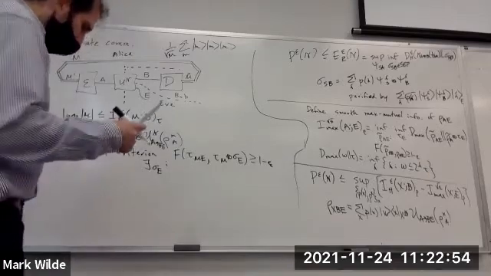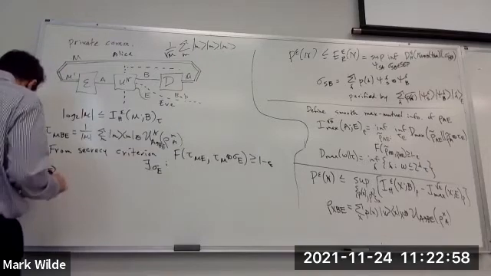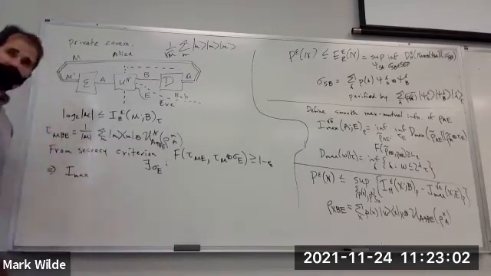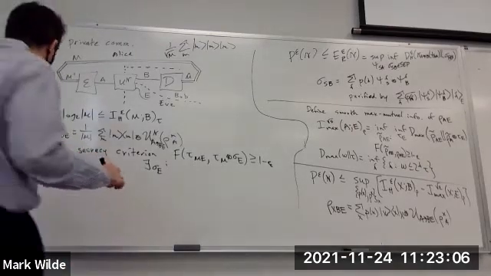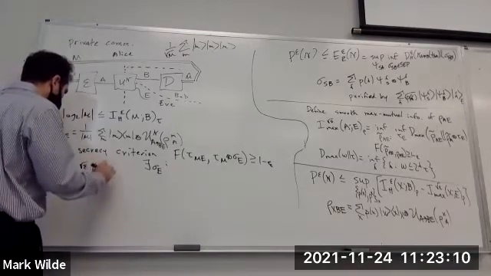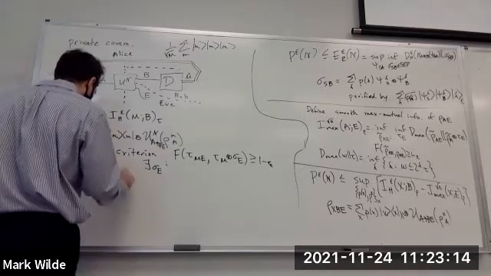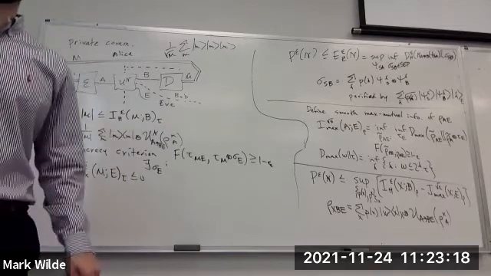So now what we can show is this implies that, and I think this is along the lines of what you were thinking earlier, the smooth max mutual information of this particular state is less than 0. Now you were saying equal to 0.